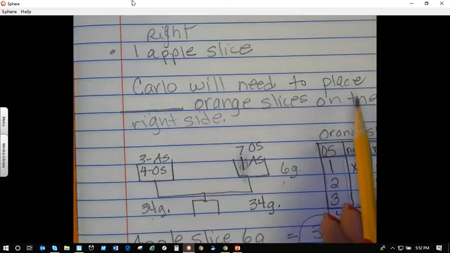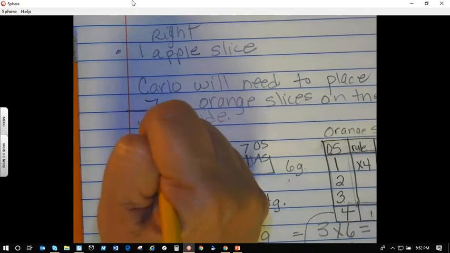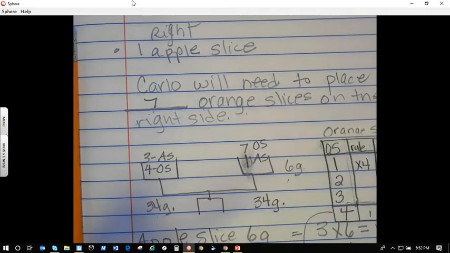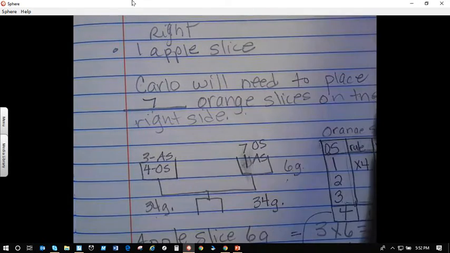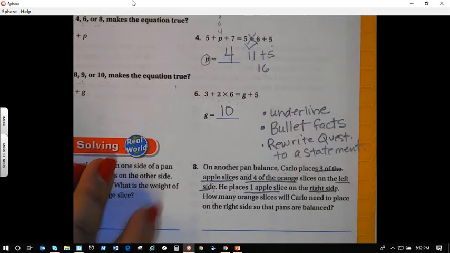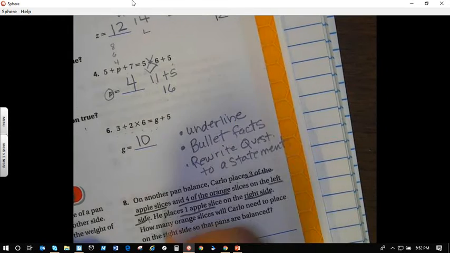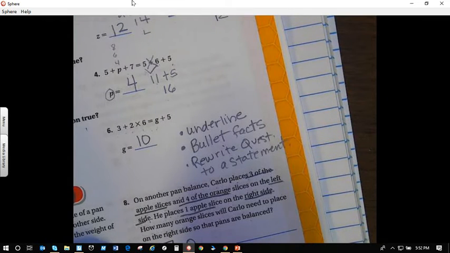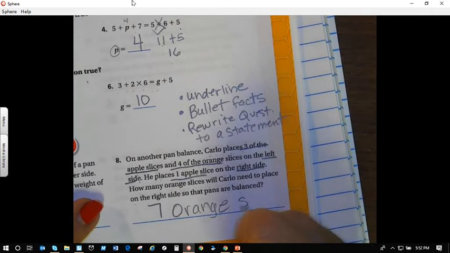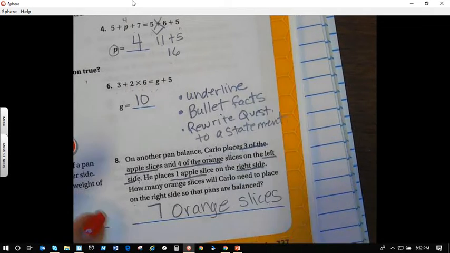Carlo will need to place 7 orange slices on the right side. Okay? All right, let's move on to the next one. Next problem, so I'll put 7 orange slices. Okay?